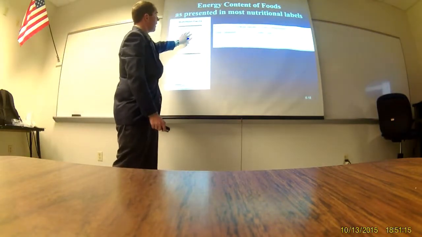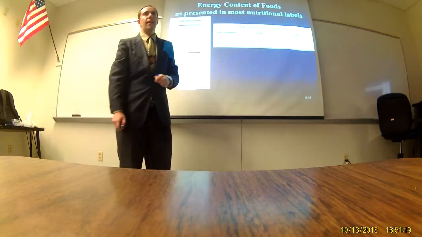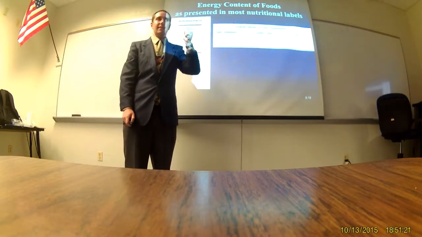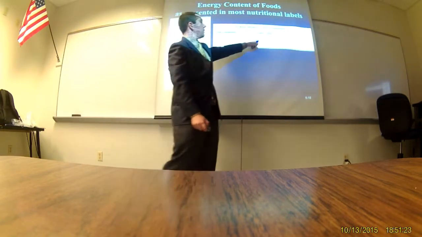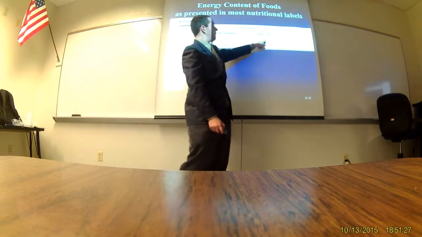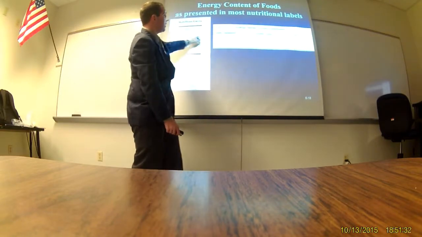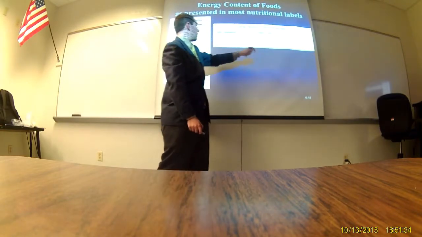So this is our same nutrition fact. Proteins, fats, and carbohydrates have very distinct nutrition values. All proteins have 4 kilocalories, which is our calories with a capital C, 4 calories per gram.